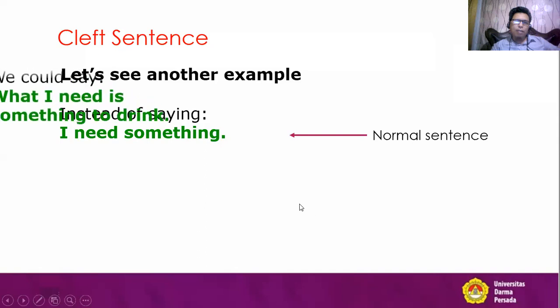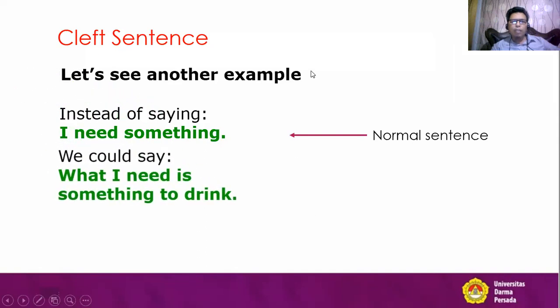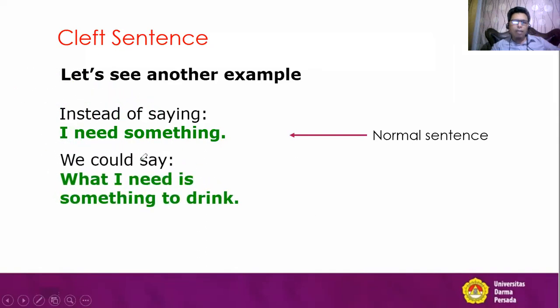But we could say, what I need is something to drink. So everybody, is this a normal sentence? No, this is a cleft sentence.